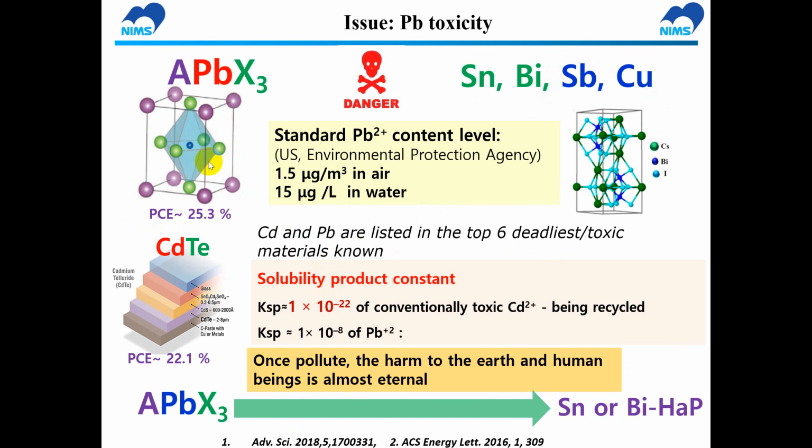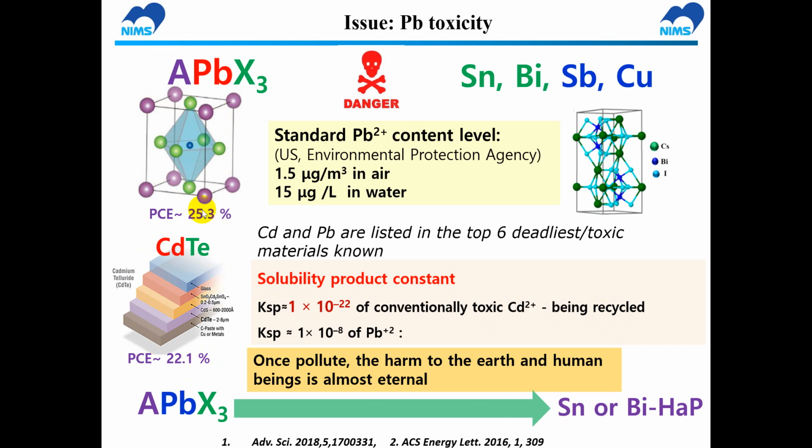And if we see the lead halide based perovskite solar cell, we have already obtained device efficiency of more than 25%. If we compare this with cadmium telluride solar cell, which already has a nice efficiency of more than 21%, in cadmium telluride solar cell, cadmium is being recycled due to its toxicity.